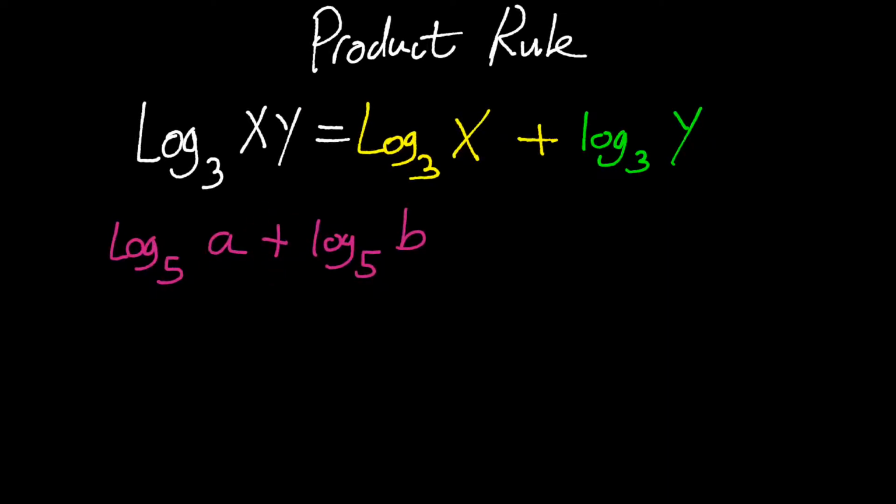So this is going to change into a single log with base 5 of a times b. So there we have it. We've gone from one form into its expanded form, and then we've gone backwards. We've taken the expanded form and we've put it back into the condensed form. That is your product rule. Alright, let's move on to the quotient rule.